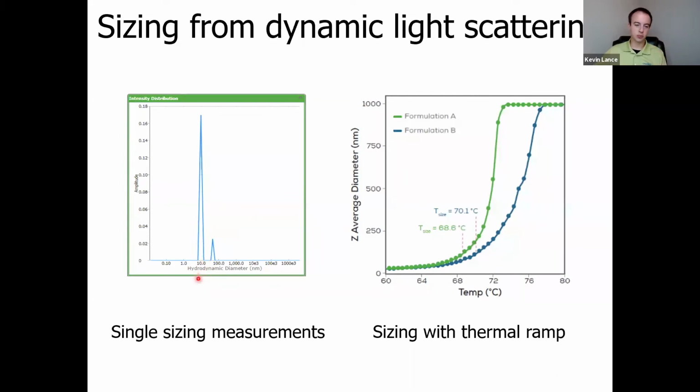In this case, we're likely looking at an antibody that has a Z average diameter very close to 10 nanometers. Or we can take a series of snapshots across a thermal ramp and understand when size starts to change in response to temperature increasing, say in different formulation buffers or with different proteins.